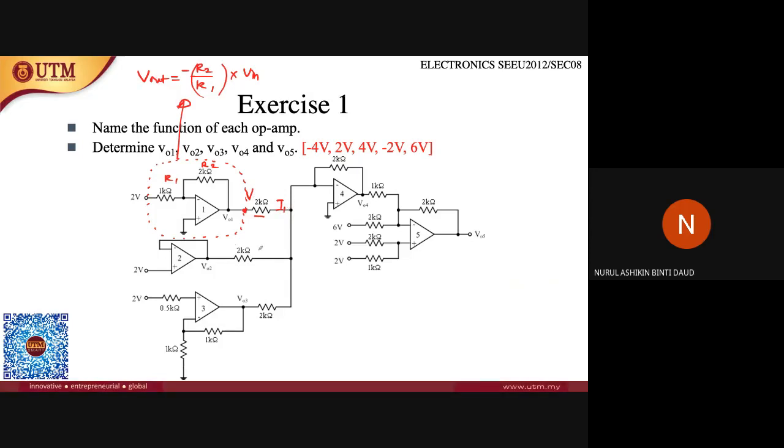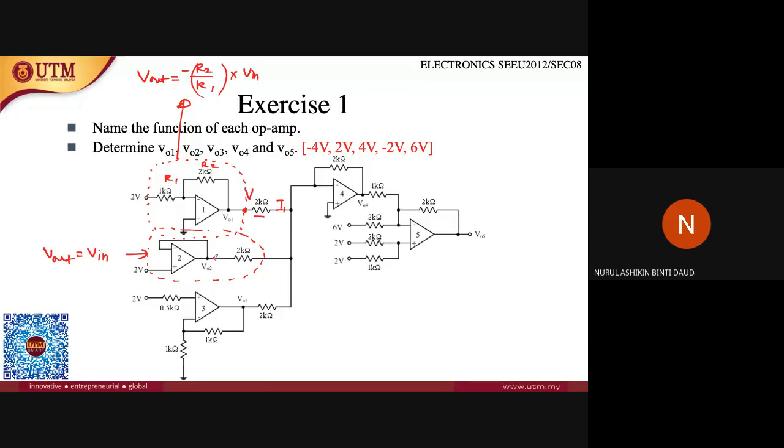Let's proceed with this configuration pula. What configuration is this? This is unity, or voltage follower. So for unity, it is very easy, where V output is equal to V input. So no calculation needed here.